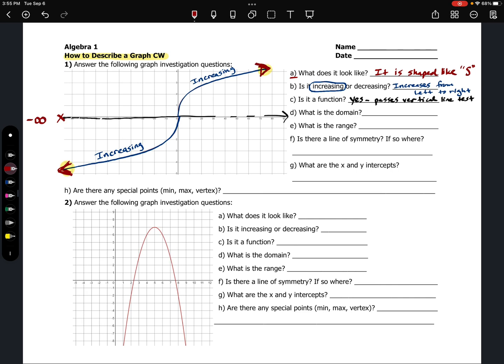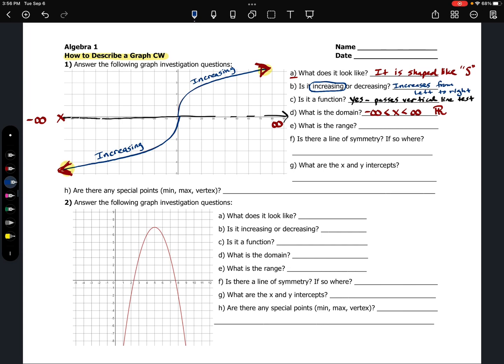And then the same thing on the right side, if it's going right forever, we know that this is going to be a positive infinity. So we could say that our domain is going to be from negative infinity to positive infinity, and we'll say it in inequality form. Negative infinity is less than x, and x is less than positive infinity. Or we could also call that all real numbers.